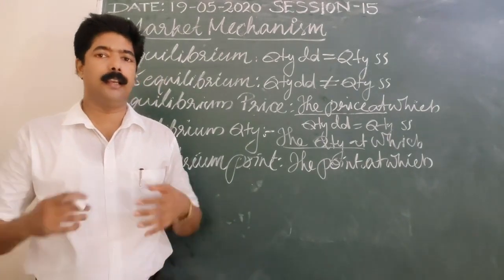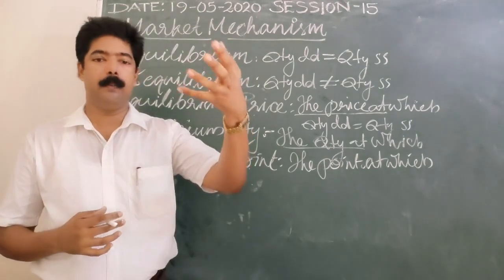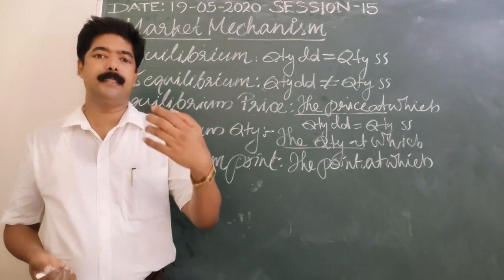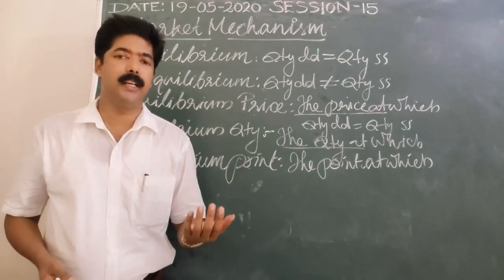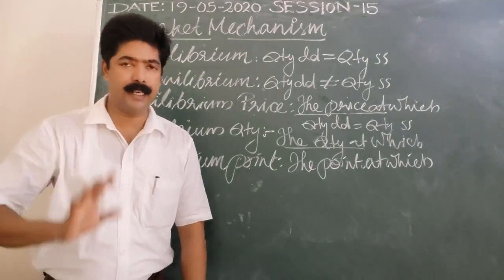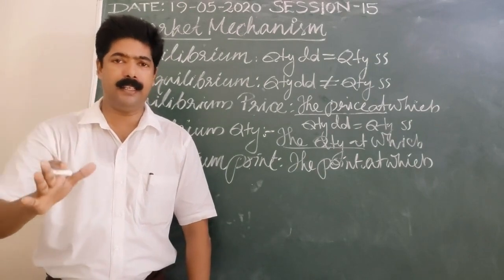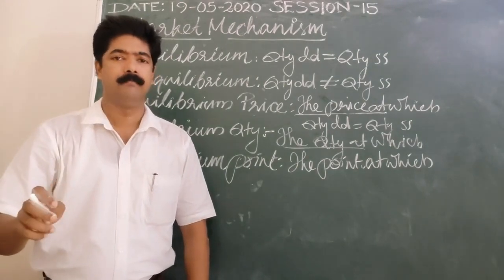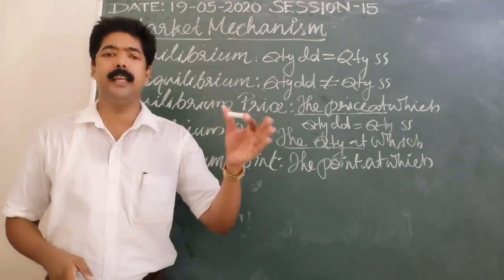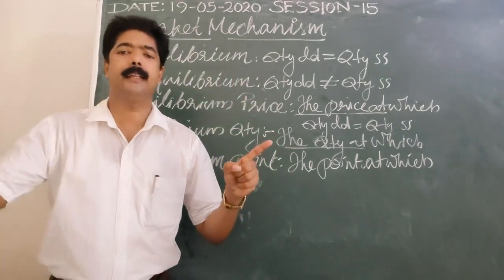In an industry there are a number of firms, and with the help of market forces, demand and supply, the price of a commodity is determined. The price at which a consumer purchases a commodity is the price determined by demand and supply, and that is the only price acceptable in the market. If the price of a shirt is 500 rupees, that is the equilibrium price of that shirt, the acceptable price for producers and buyers.